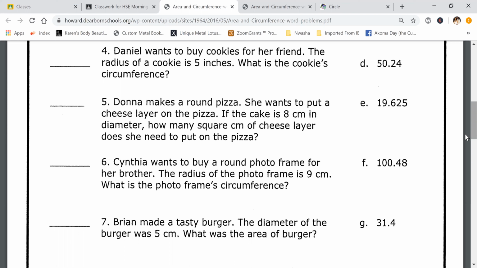So what you're saying from this problem is you want to do pi times the diameter. If the radius is 9, then the diameter is double that. So the diameter is actually 18. So what you want to type in the calculator is 18 times 3.14.